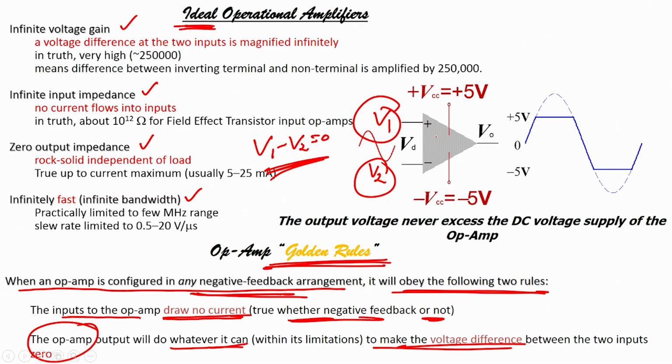Second is the voltage difference between the 2 inputs would be 0. These are the 2 golden rules that we have to remember when we understand the operational amplifier.